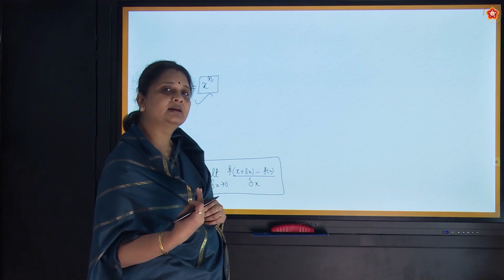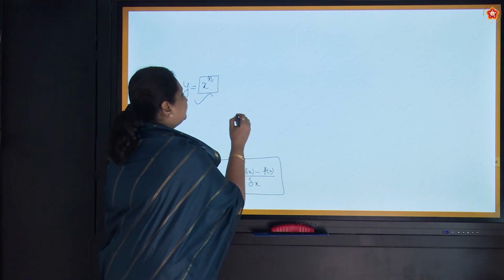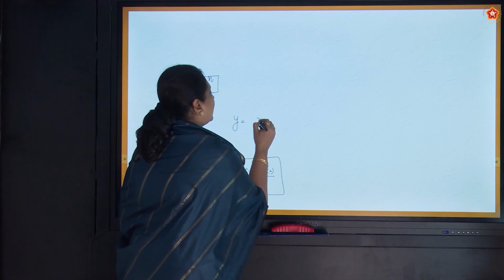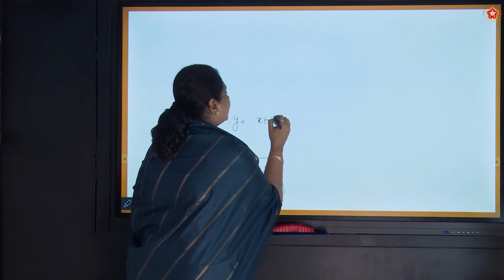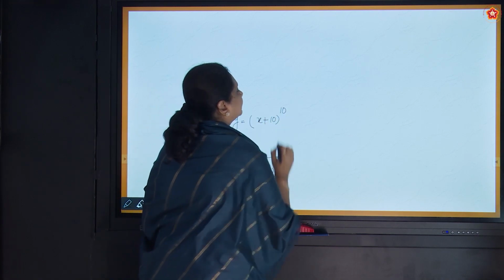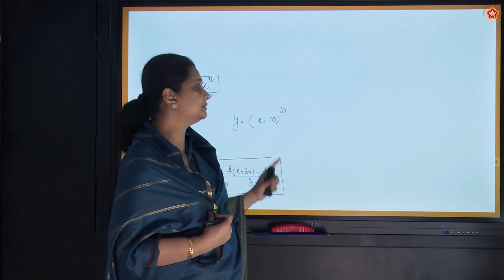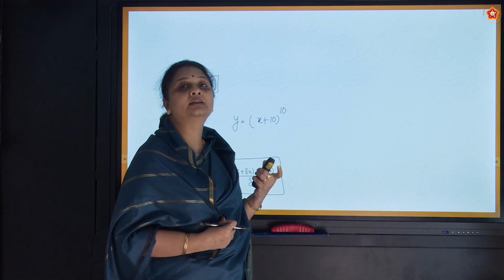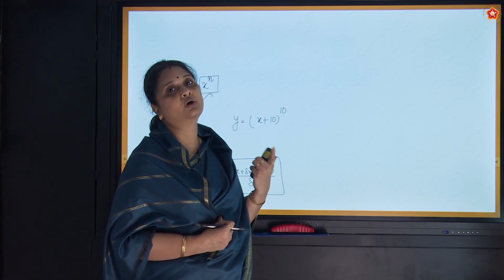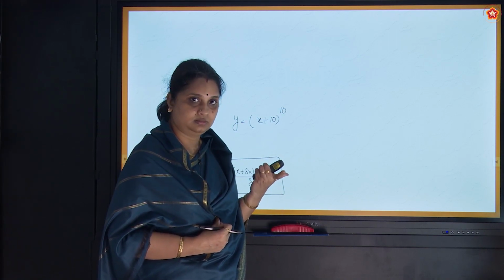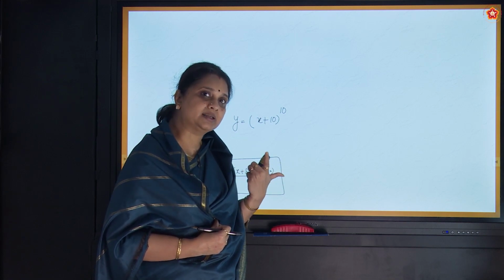Higher the power, let's suppose you have y is equal to x plus 10, the whole power 10. Then using the first principle is going to be really complicated because you need to know the binomial expansion of a function raised to power 10.